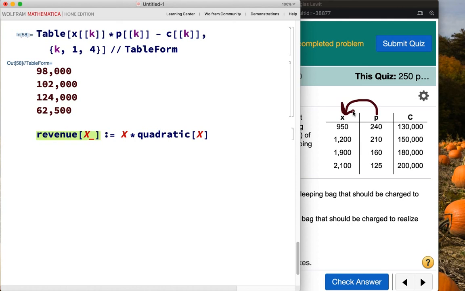P is a function of x, and I named that quadratic of x. Then here I'm going to have my cost function, and that's going to simply be linear of x, because that's what I called this function where c depends upon x.